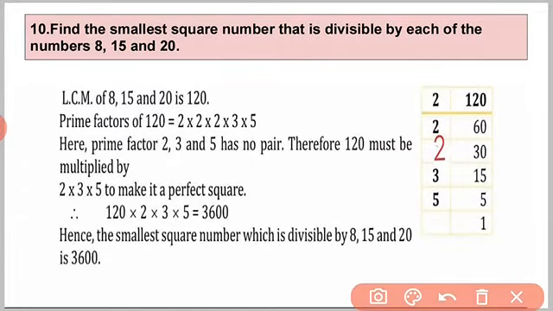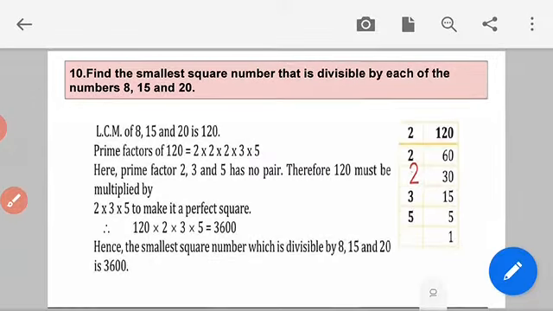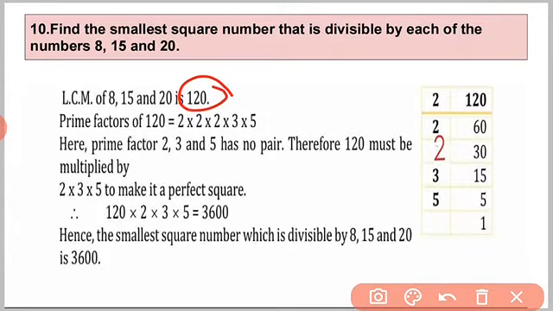We also see that 120 is not a square number, as 2, 3, 5 have no pair. So 120 is divisible by all these three numbers, but it is not a perfect square, as prime factors 2, 3, 5 have no pair.